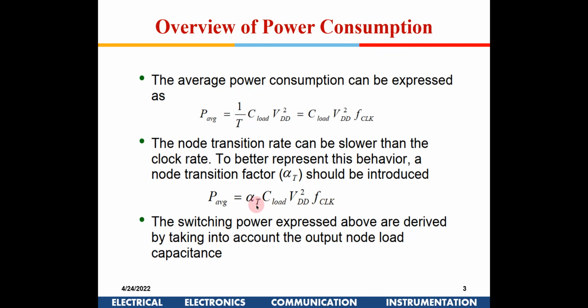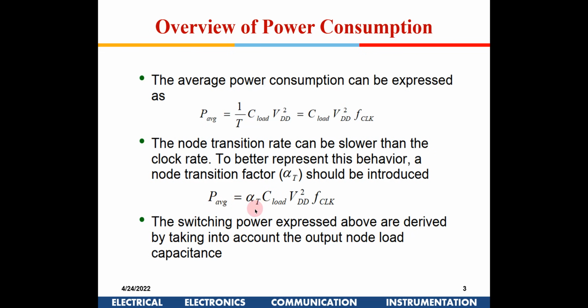The output need not switch from 0 to 1. So we now introduce a new term known as alpha, which is known as the switching activity. This is the probability of the circuit switching from 0 to 1. So this gives a more realistic power calculation, right?